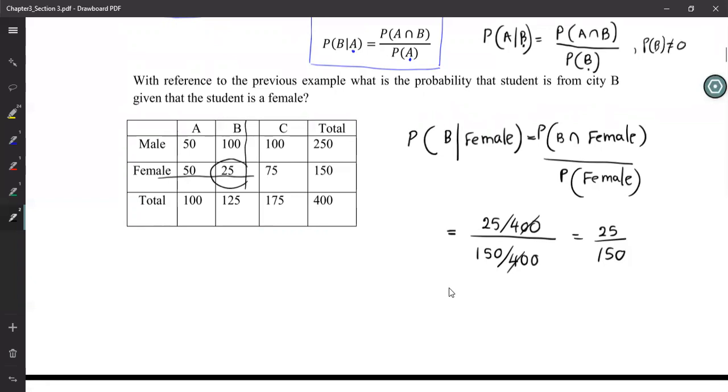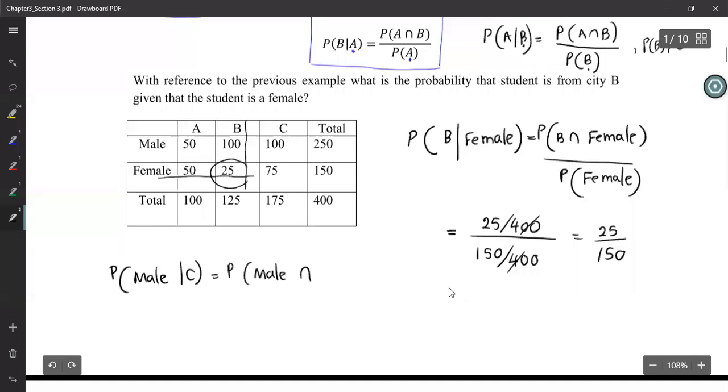Let's try another one. Can you find the probability of male given C? Let's use the definition: male and C divided by the given one, P(C).